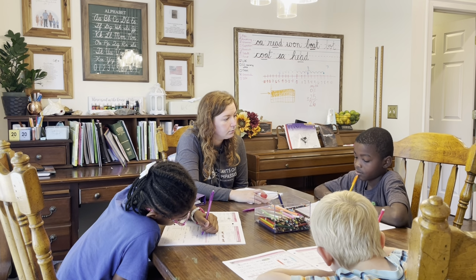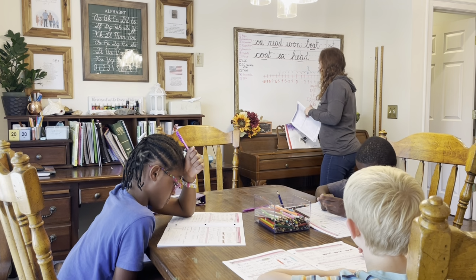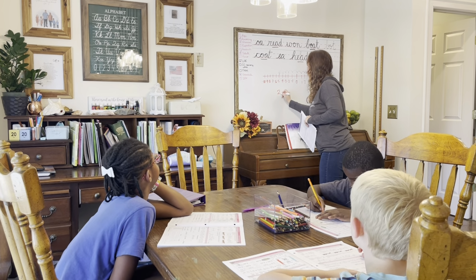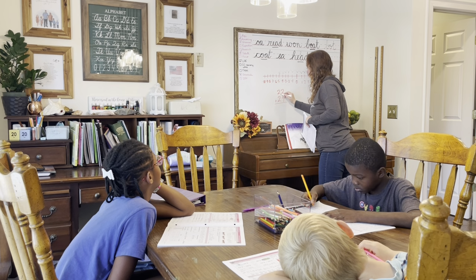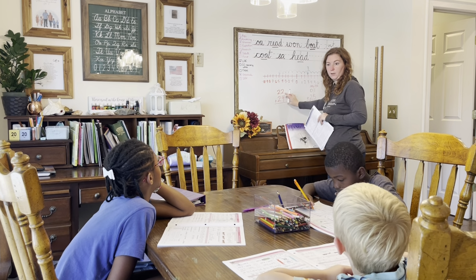All right. 22 integral plus 24 integral. Look up here. We're going to do this together. Remember how we talked about when we add numbers that have multiple digits, we add our ones place first, right?